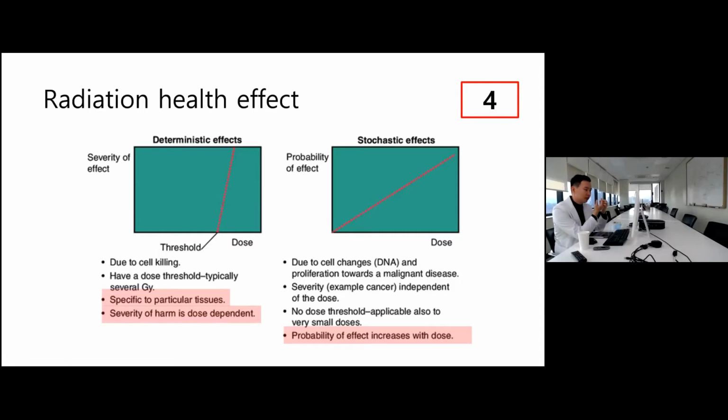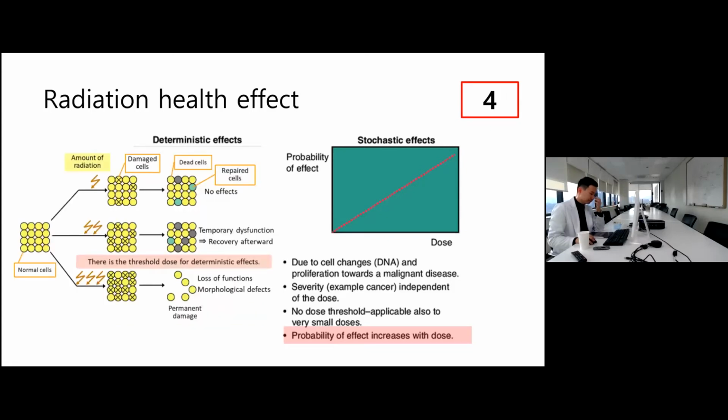The deterministic effect does not appear unless one has been exposed to radiation exceeding a certain threshold level, and then a morphological defect can be seen.